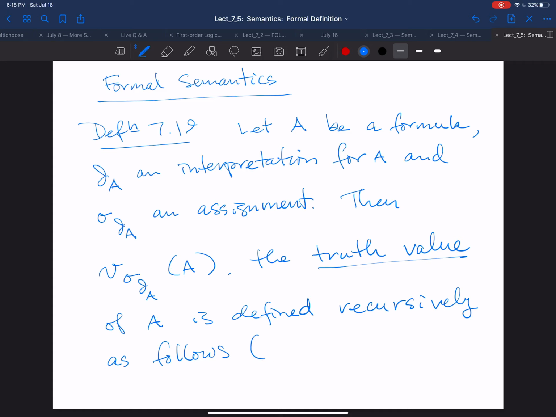And to make things simple, we're going to denote v sigma sub I sub A simply as v sigma.